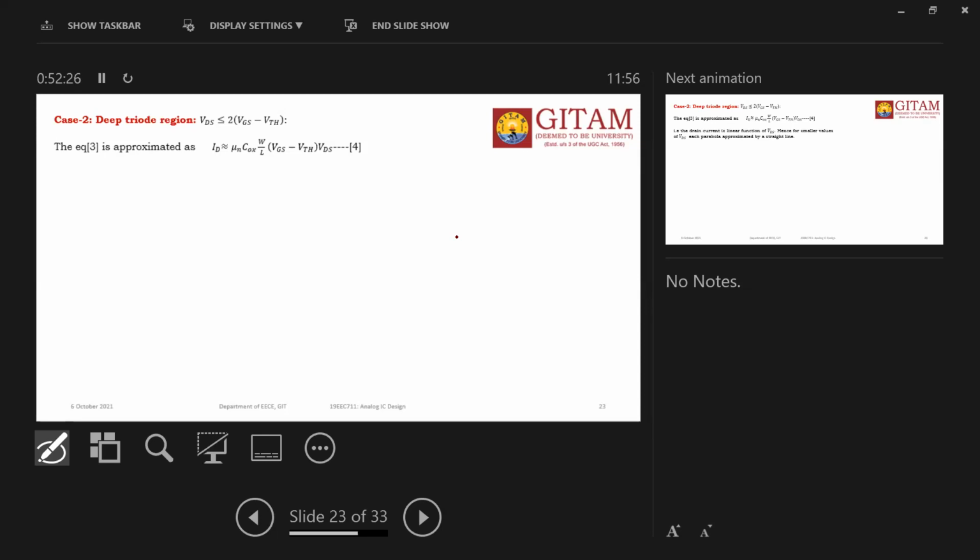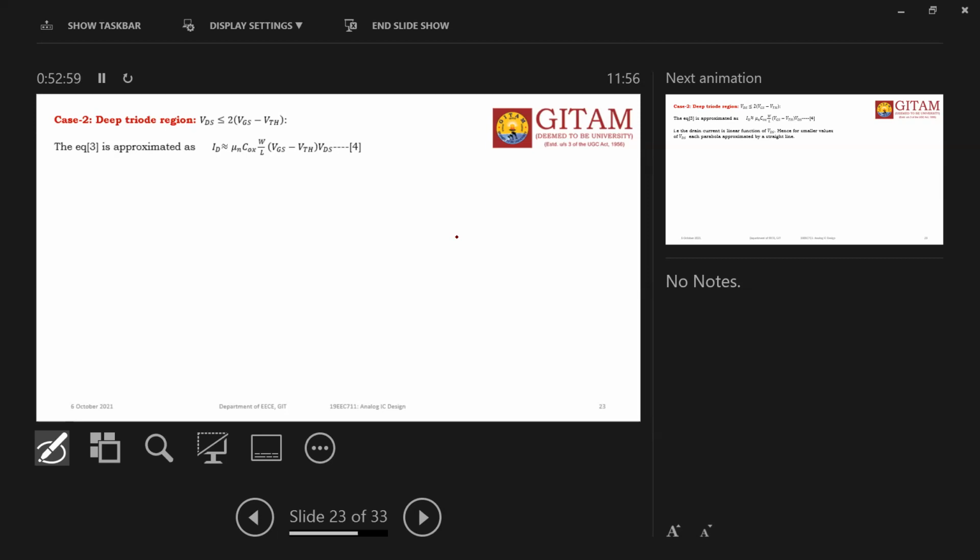Negate the VDS square by 2. Understand or not? If VDS is very small, 0.1 squared is how much? 0.01. And 0.01 squared is 0.0001. So it's very, very small, so that square term will be negligible. After neglecting the square term, we get ID approximately equal to mu n Cox W by L into (VGS minus VTH) into VDS. This is the fourth equation.